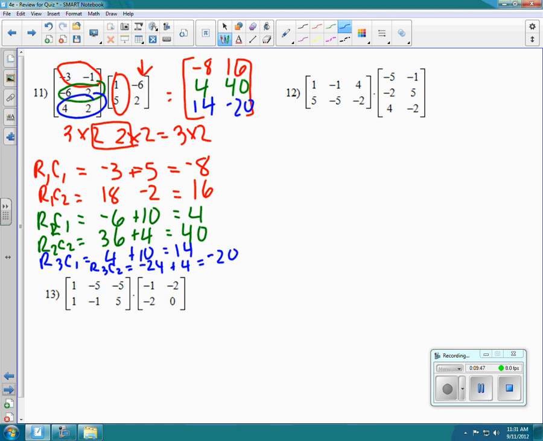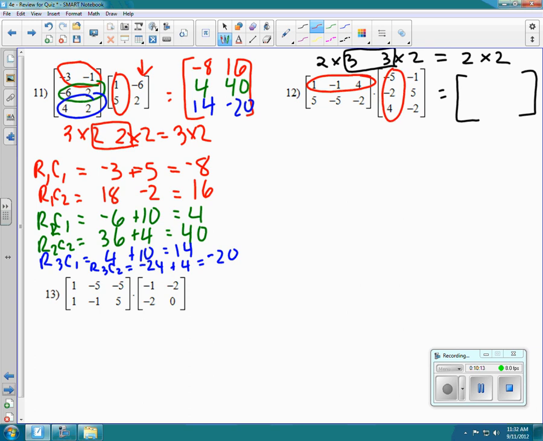Okay, I'm going to perform the same exact operations. I'm going to first of all check. This is a 2 by 3. This is a 3 by 2. These match up and they equal each other. So your answer is going to be a 2 by 2. So I'm going to draw the space for a 2 by 2 now. I'm going to start always with the row in the first one and the column in the second one.